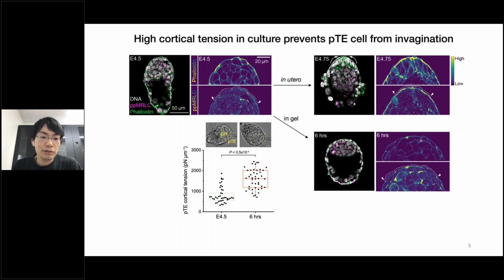Furthermore, this observation was confirmed by direct measurement using micropipette aspiration, showing that the cortical tension indeed increased twofold over the 6 hours of culture. Therefore, too high a cortical tension seems to prevent the polar trophectoderm from invagination.